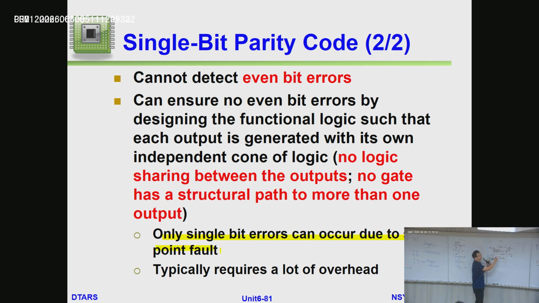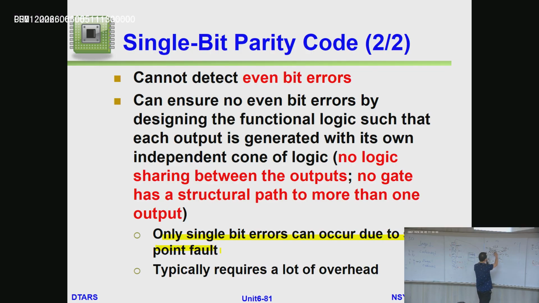This logic gate will be shared by output 1 and output 2. So if there are any faults, for example F1 here, this fault will simultaneously affect output 1 and output 2. If this fault occurs, the single bit parity code cannot detect it, because it may make output 1 and output 2 change their values.